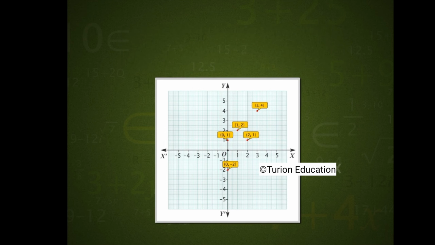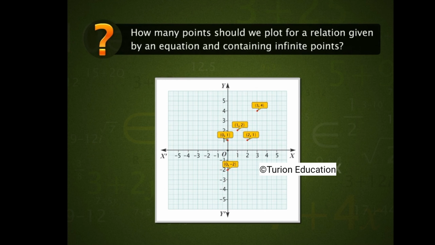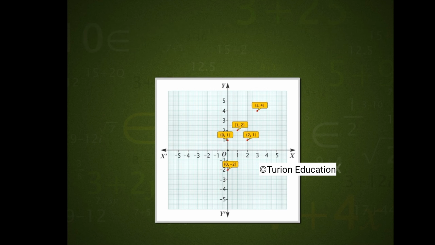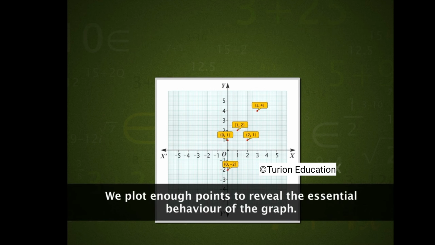Now, a relation may or may not always contain finite points, especially the ones given in set builder form, described using equations. How many points should we plot for such a relation? In such cases, we plot enough points to reveal the essential behavior of the graph.